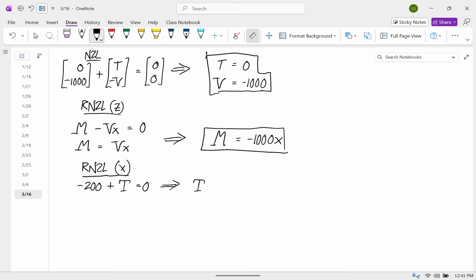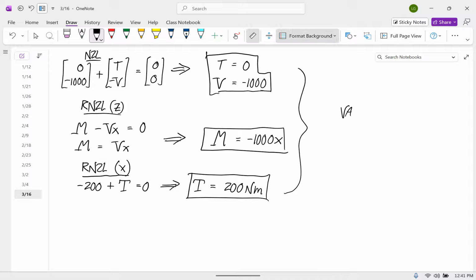So our internal torque is equal to positive 200 Newton meters. So these are our functions for the internal loads, and they're valid on the interval from x values between 0 and 1.